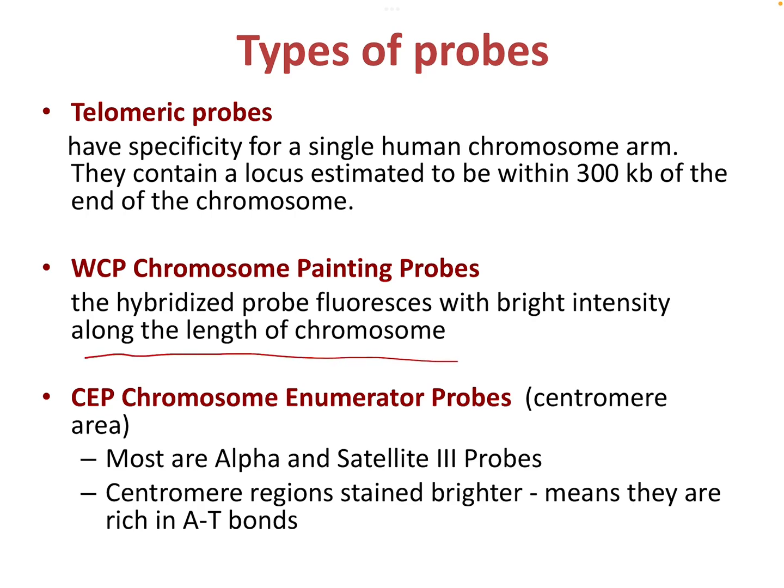So, along the length of the chromosome. For the CEP or the chromosome enumerator probes or the centromere area, most are alpha satellite probes. So the centromere regions are stained brighter. So the centromere is your focus. Which means they are rich in AT bonds because the centromere is rich in AT bonds.